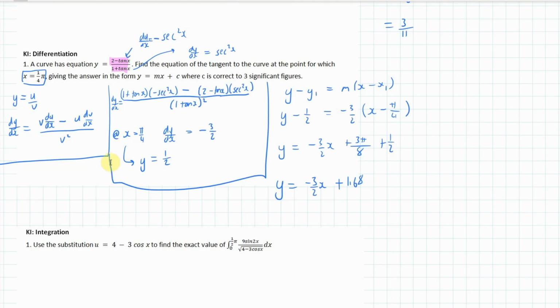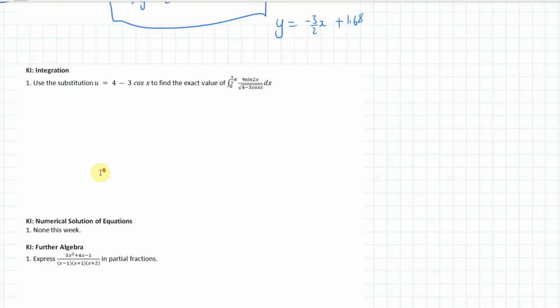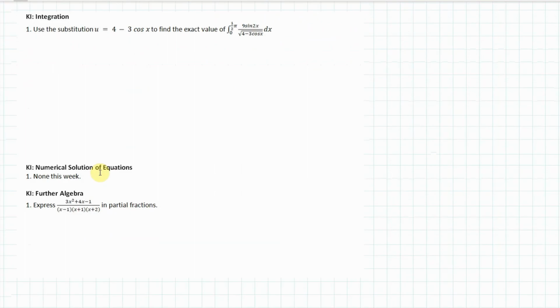And that's it. Now we're doing integration by substitution. So what are we doing? We're substituting. Okay. So we know that square root u equals the square root of 4 minus 3 cos x.